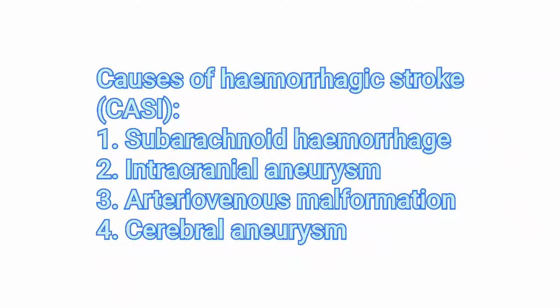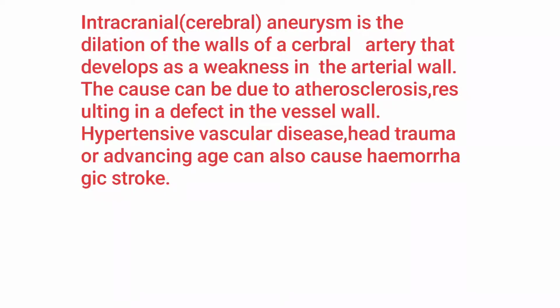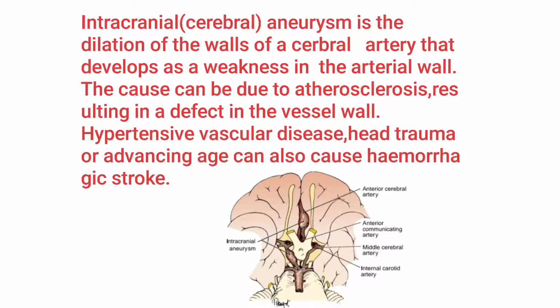Coming to the causes of hemorrhagic stroke, the first one is intracranial or cerebral aneurysm. It is the dilatation of the walls of a cerebral artery that develops as a result of weakness in the arterial wall.